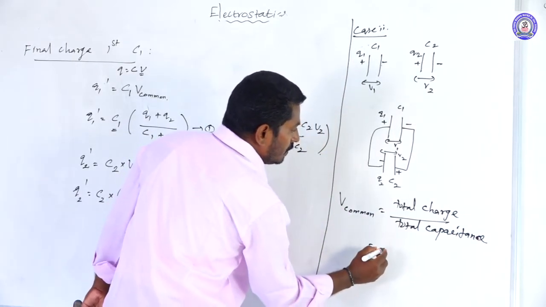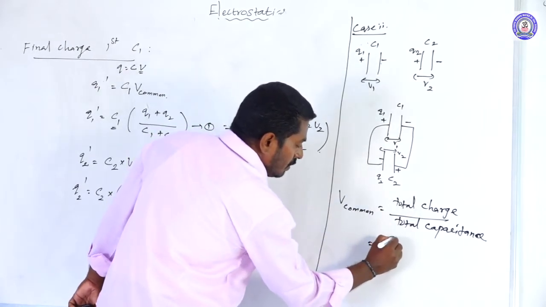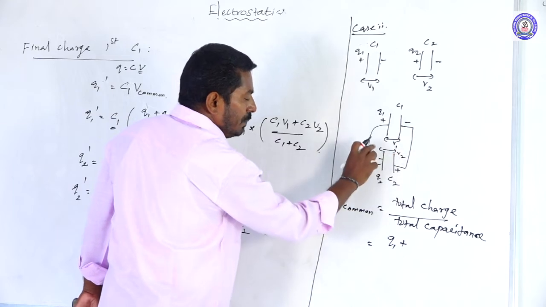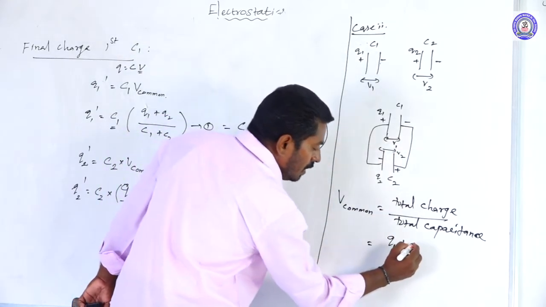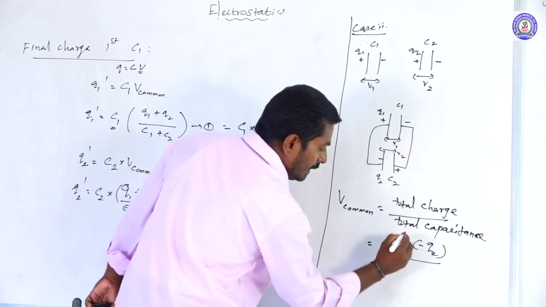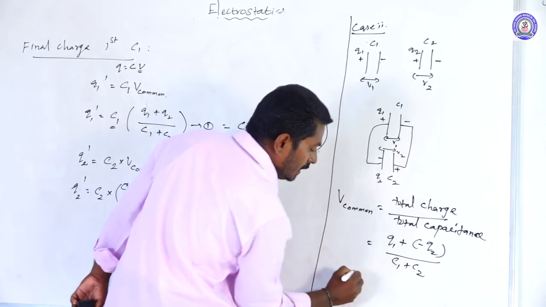So the total charge is Q1 plus, since the polarity of the capacitor is connected in the opposite way, one of the charges is taken as negative, minus Q2, divided by total capacitance C1 plus C2.